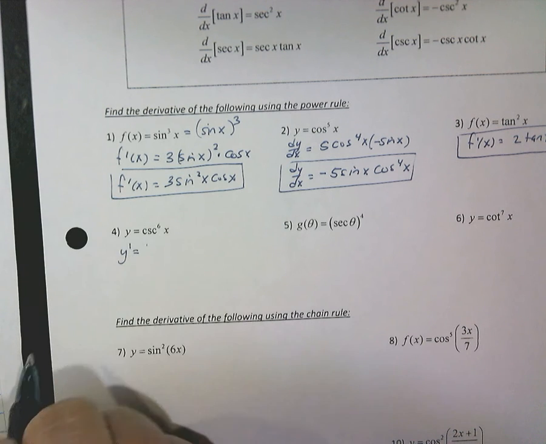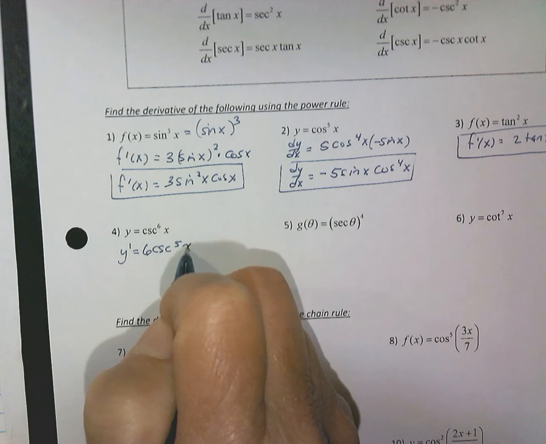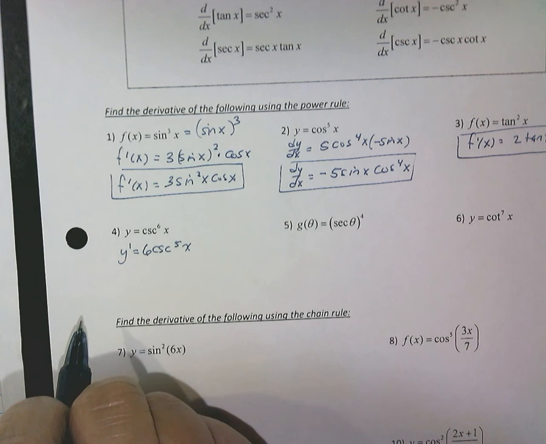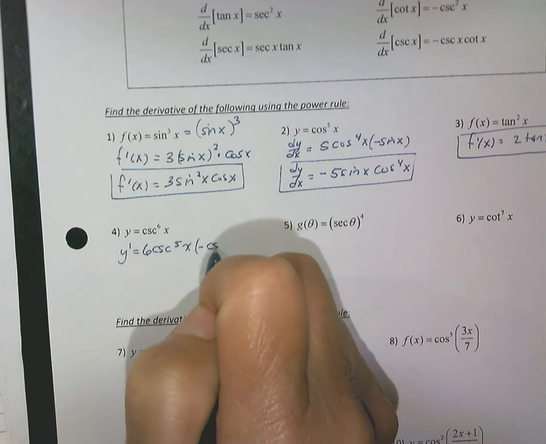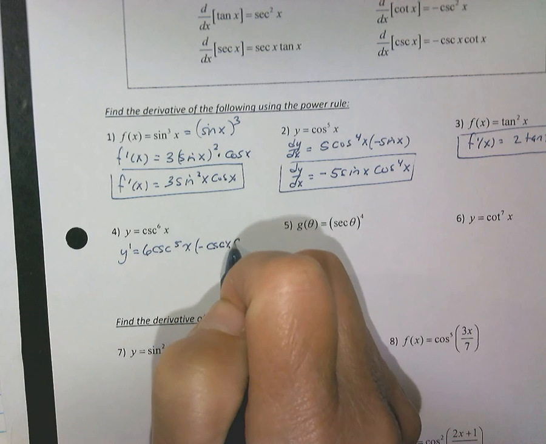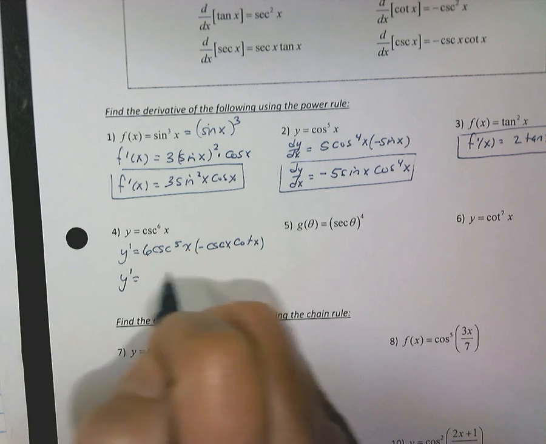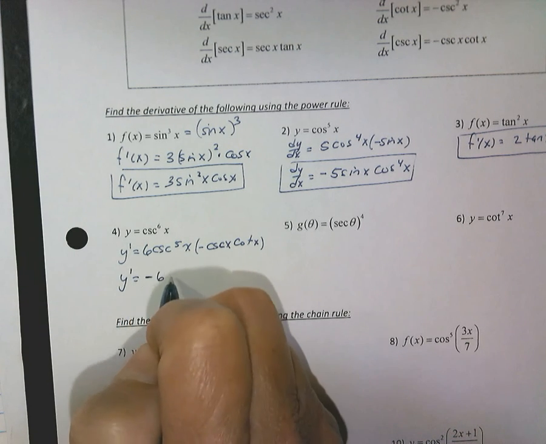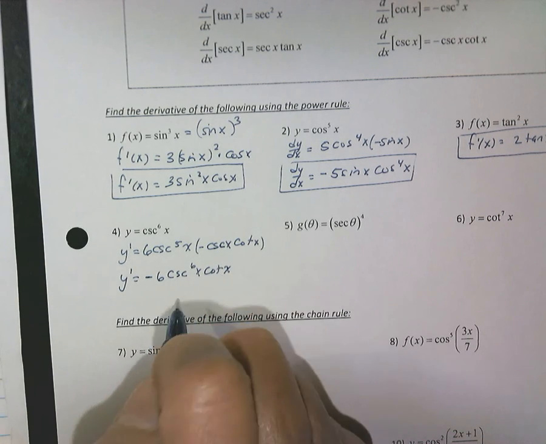So the derivative is going to be 6 cosecant to the 5th x. And then the derivative of cosecant is going to be negative cosecant x cotangent x. To clean this up a little bit, I get y prime equals negative 6 cosecant to the 6th x cotangent x.